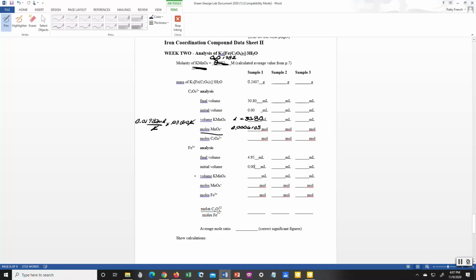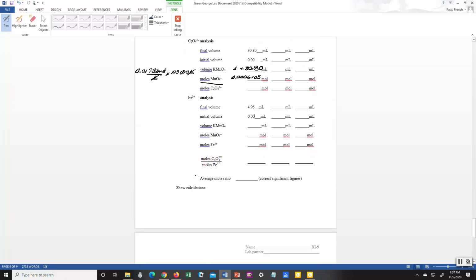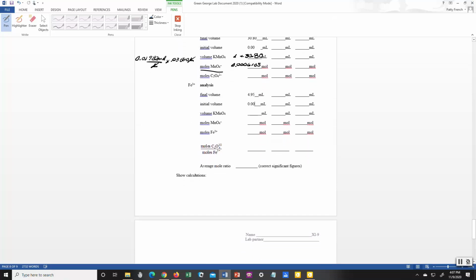But how does this relate to oxalate? Remember that the equation showed us that the molar ratio of oxalate to permanganate was 5 moles of oxalate per 2 moles of permanganate.